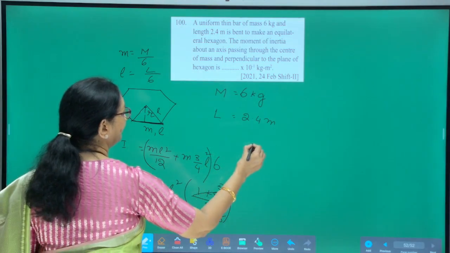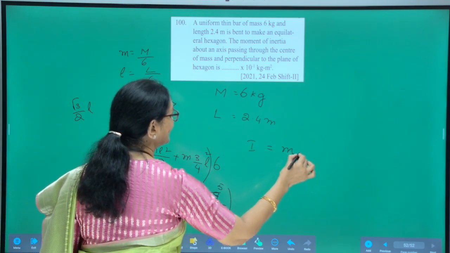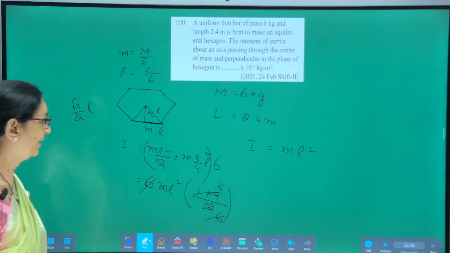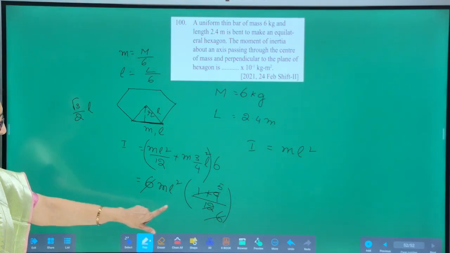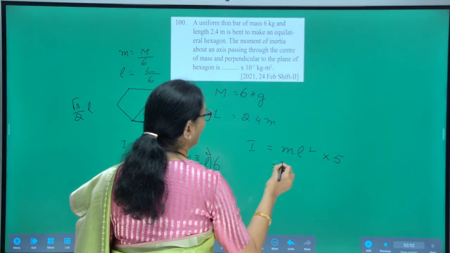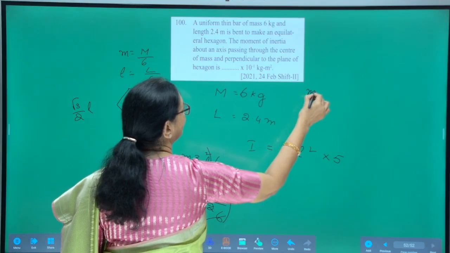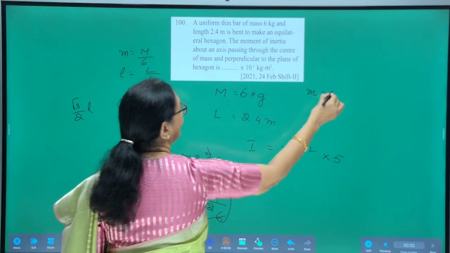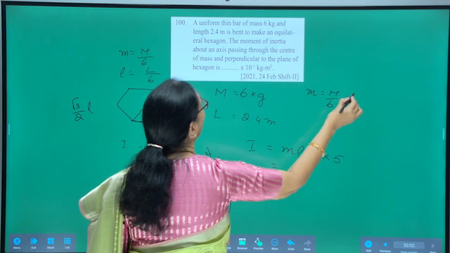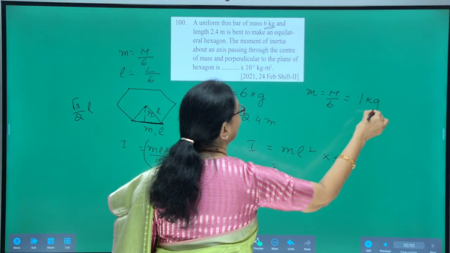So, moment of inertia of the hexagon becomes ml square into 5. So, mass of each side becomes capital M by 6. Mass is given as 6 kg, so that becomes 1 kg.